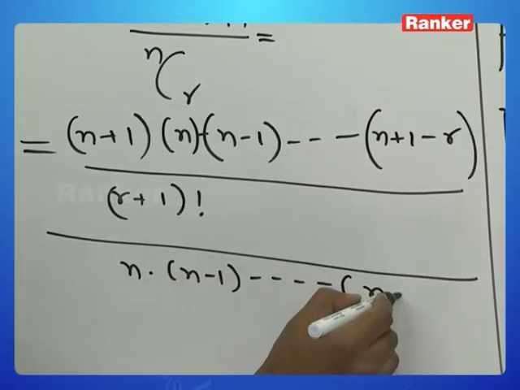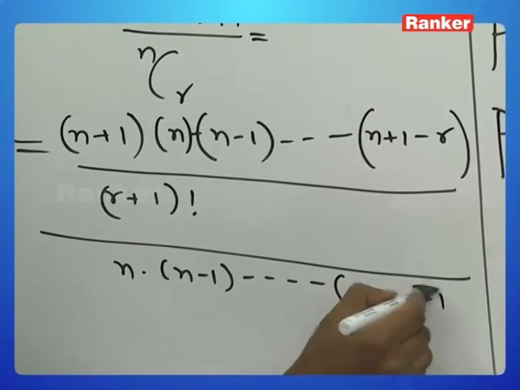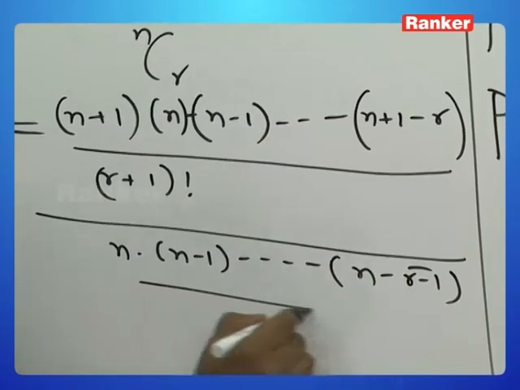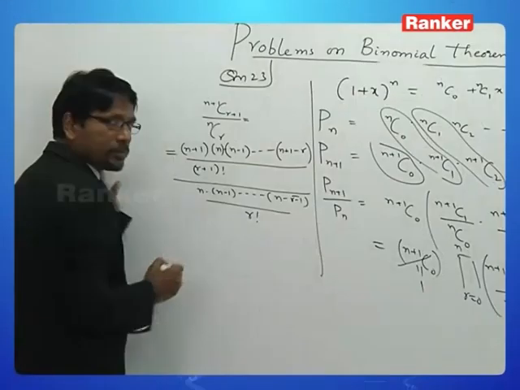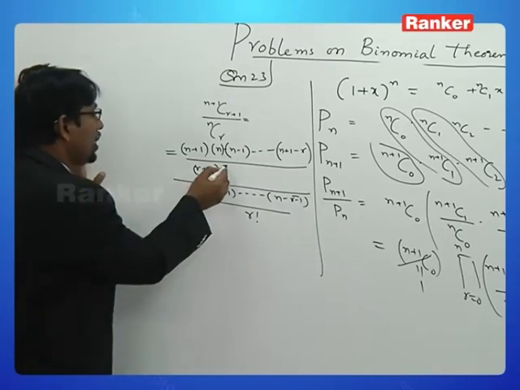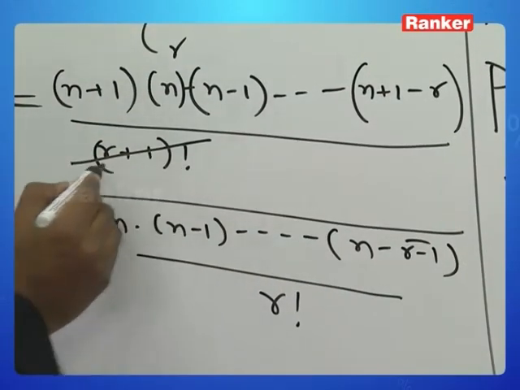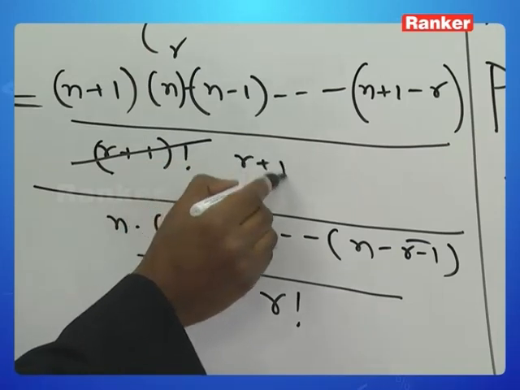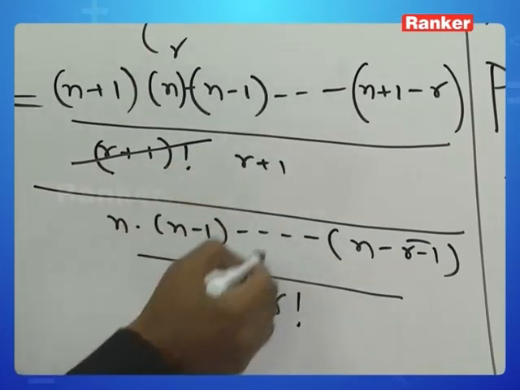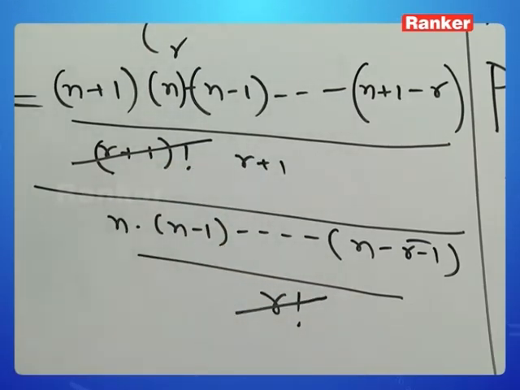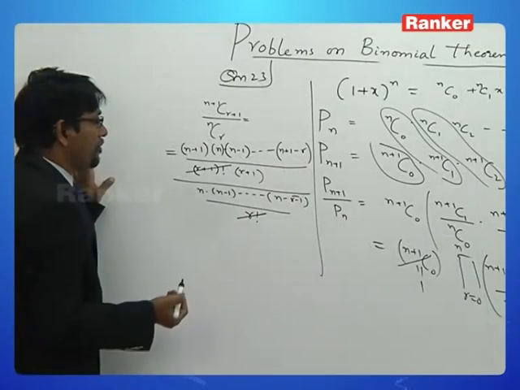When it is the rth consecutive number, it is (n minus (r minus 1)), divided by r factorial. Observe that this (r+1) factorial we can write as (r+1) into r factorial. So that r factorial cancels out. You will be left with an (r+1) here.